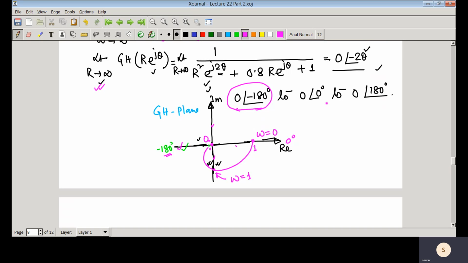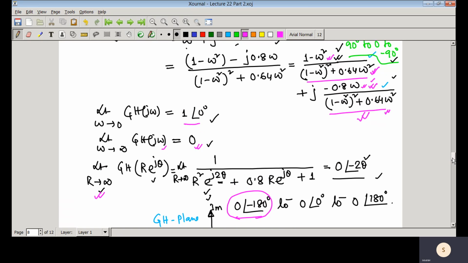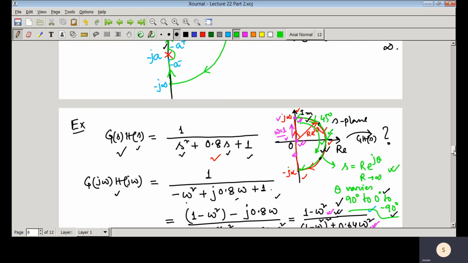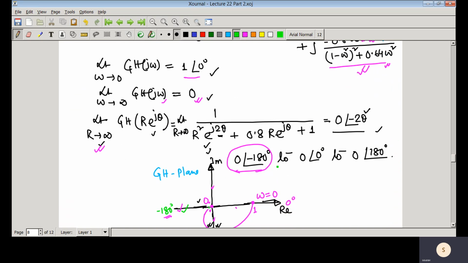So now what happens? Whenever you are moving like this, like that, what is the value whenever you have theta equal to 45 degree? So then you can see that theta equal to 45 degree means, so here 0 angle minus 180 degree to 45 degree.